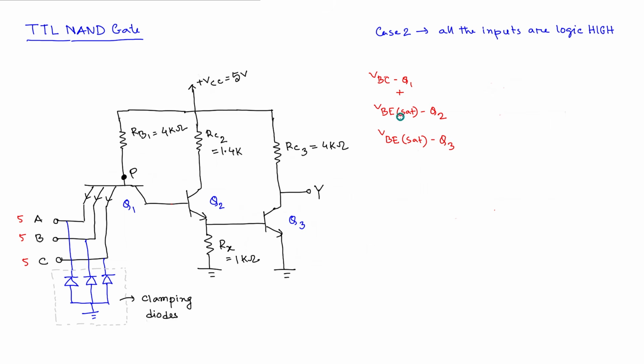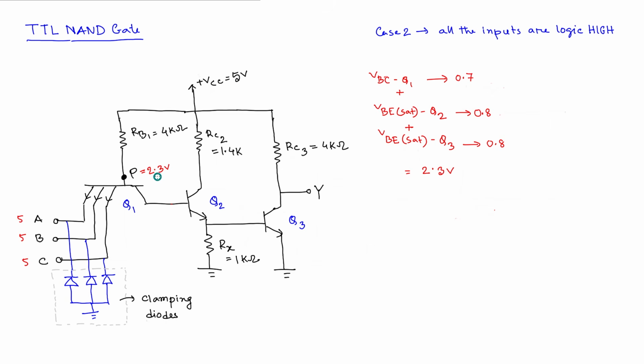So all of them together, what should be the value? This value should be 0.7, this value is 0.8, and this value is also 0.8. So in total it should be 2.3 volt. So we need at least 2.3 volt here for all of them to turn on and be in saturation, and we can get 2.3 volt here because we have 5 volt.